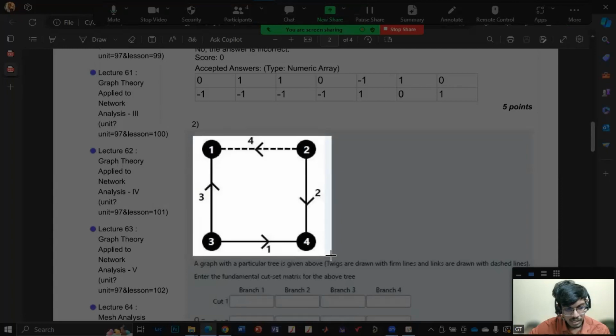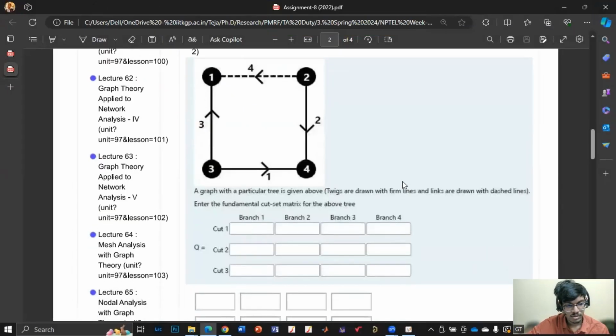So here which matrix we need to find? In this problem 2, which matrix are we asked to find? Sir, cut set. Cut set, yes.